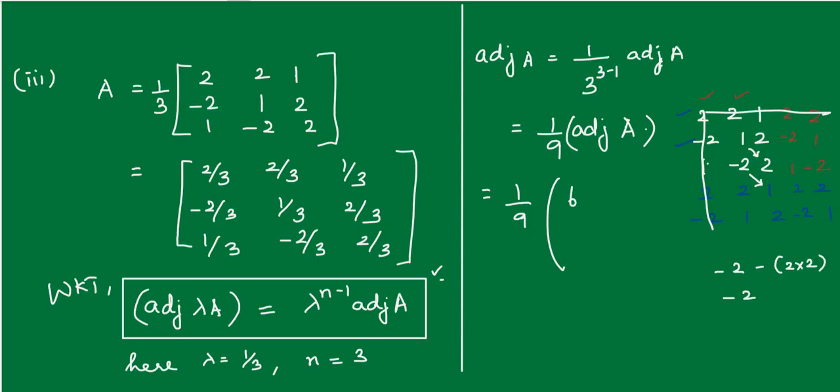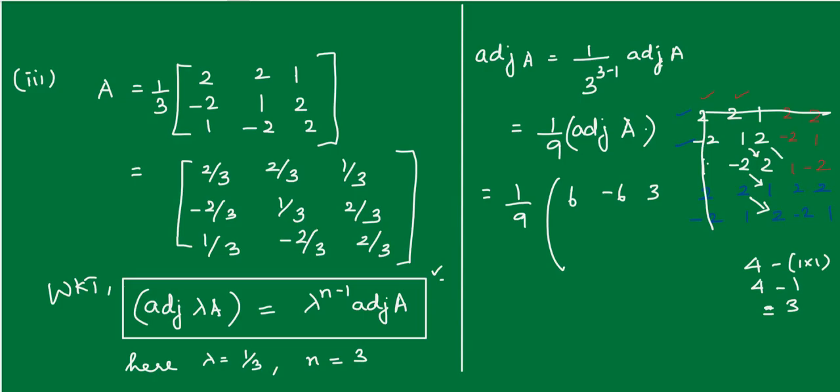So we get minus 2, minus 4 is equal to minus 6. Next, 2 into 2 gives us 4, 4 minus of 1 into 1, so 4 minus 1 gives us 3. So we get 3. So simplify column wise, write it row wise.